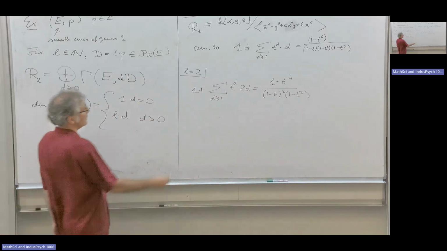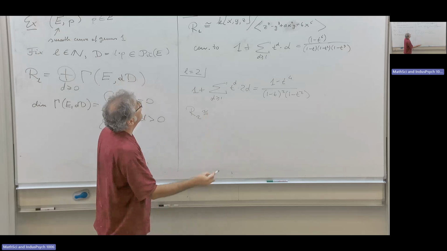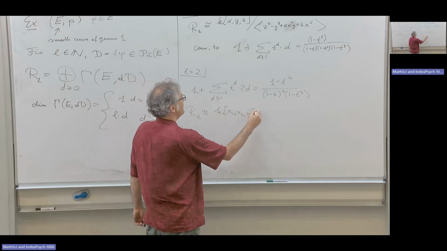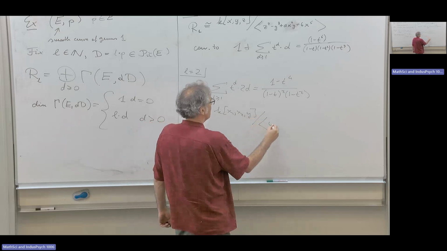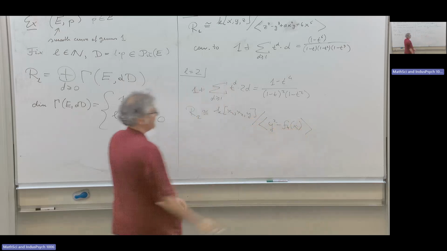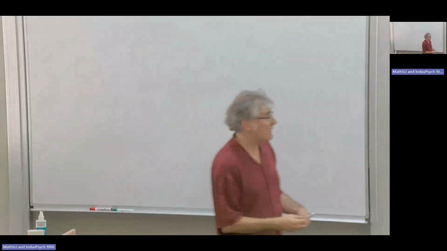And then this ring R2 is isomorphic to k[x1, x2, y] modulo y squared minus f4. So this is a general degree 4 polynomial after a little change of variables.